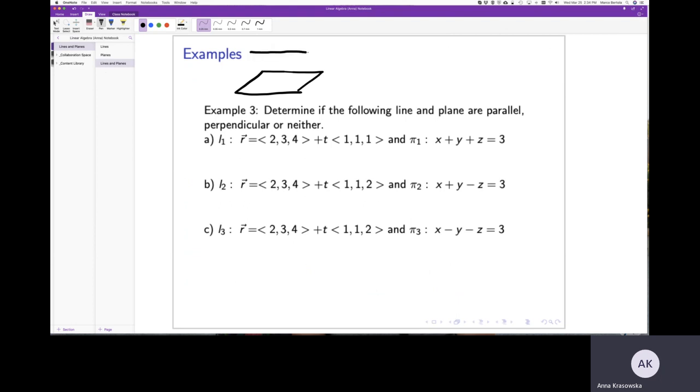Imagine the plane and the line above or below that will never intersect. That means parallel. The perpendicular, okay, would be perpendicular.